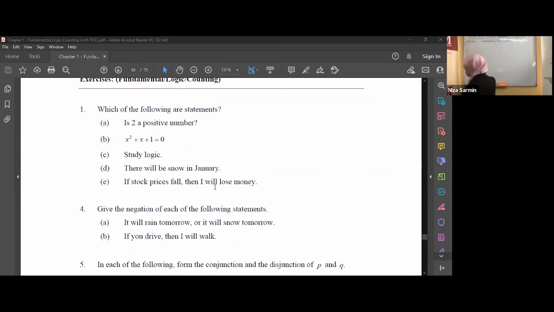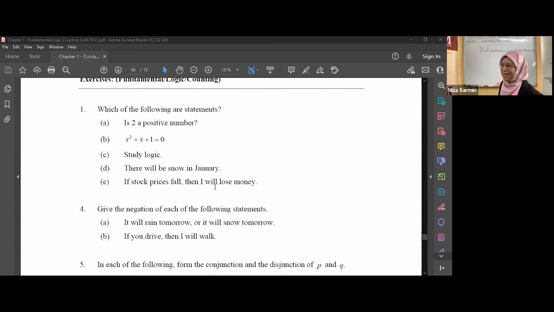Okay. It will rain tomorrow. P, it will rain tomorrow. Q, it will snow tomorrow. It will rain tomorrow, or it will snow tomorrow. Really, we have to change the example.